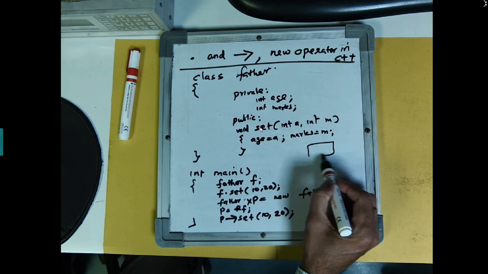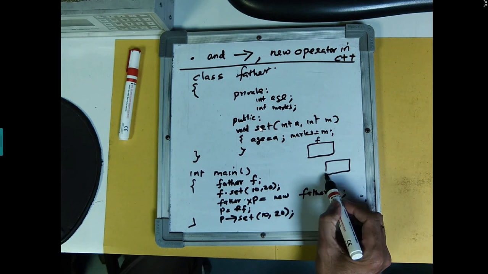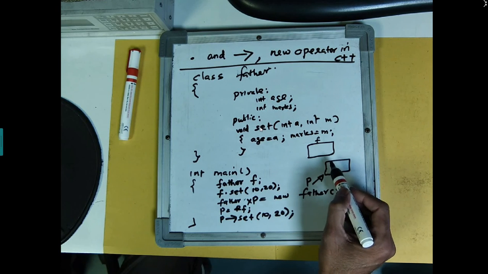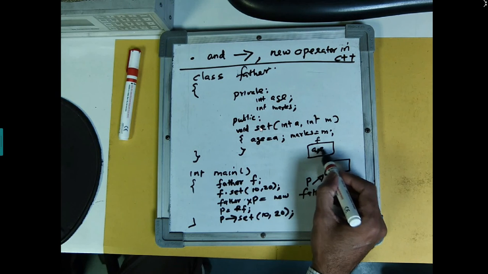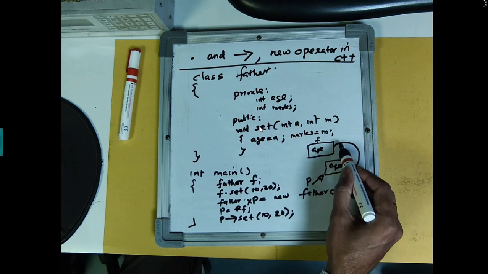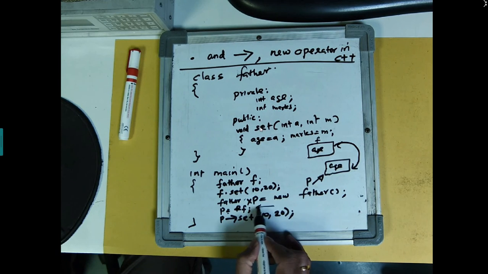So now we have the f object, and the other object which is pointed to by pointer p, and you have the information about the age inside. Both become the same because we have initialized p is equal to ampersand f.